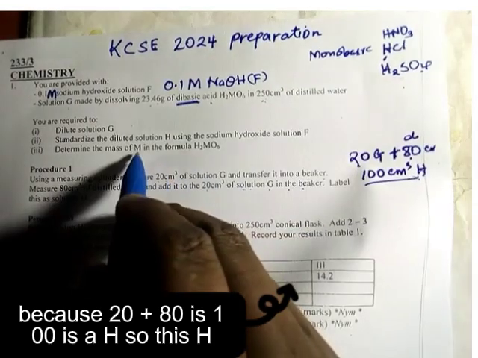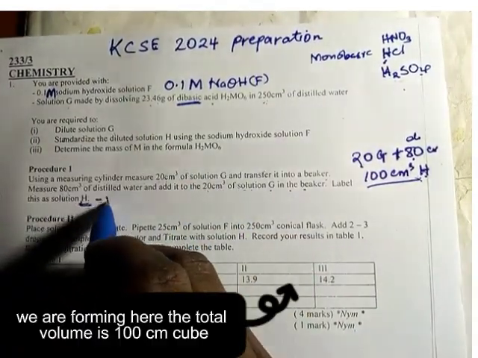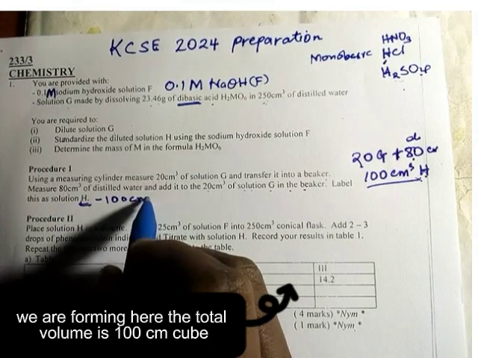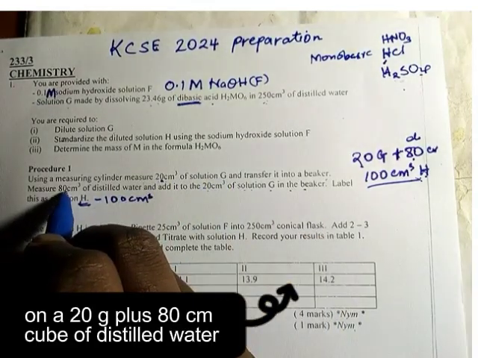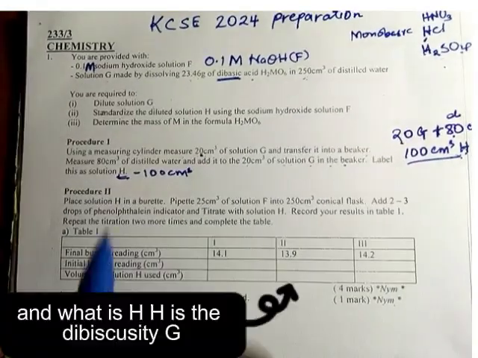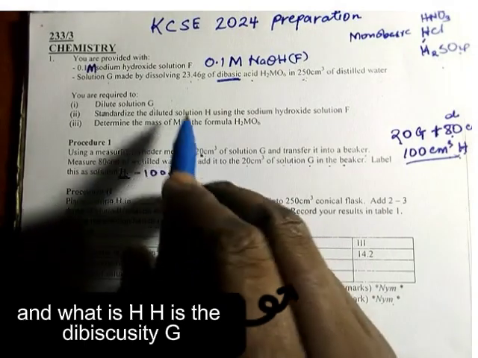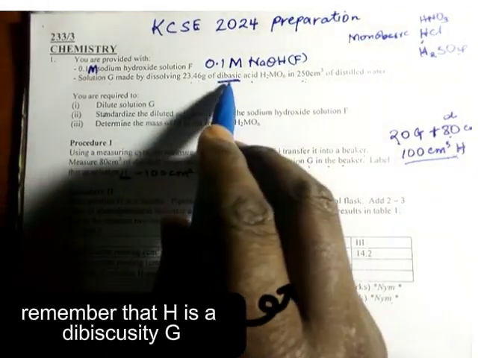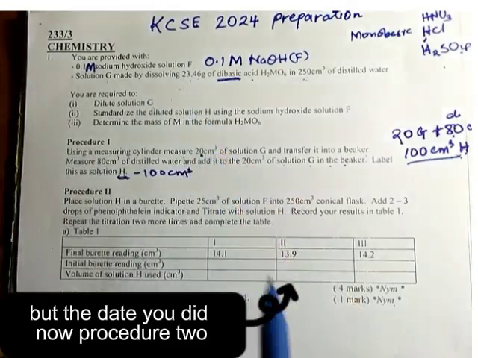So the total volume of H is 100 centimeters cube. And what is H? H is the dibasic acid G, but diluted now.